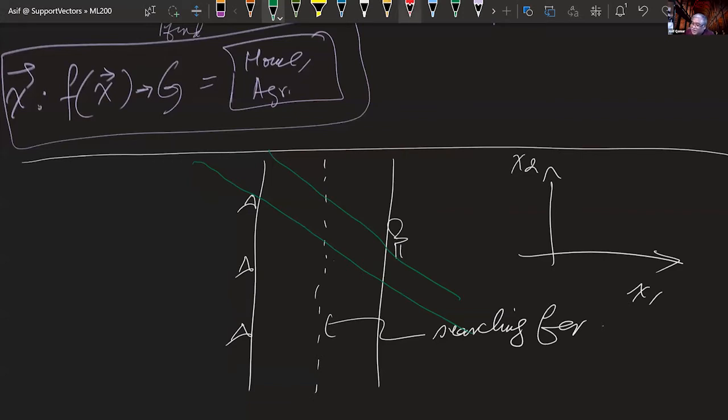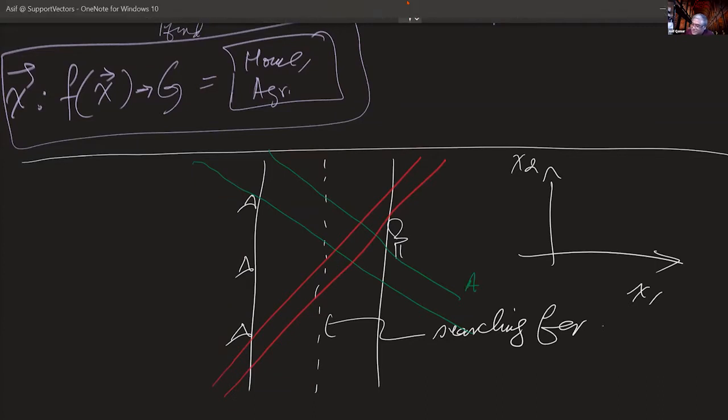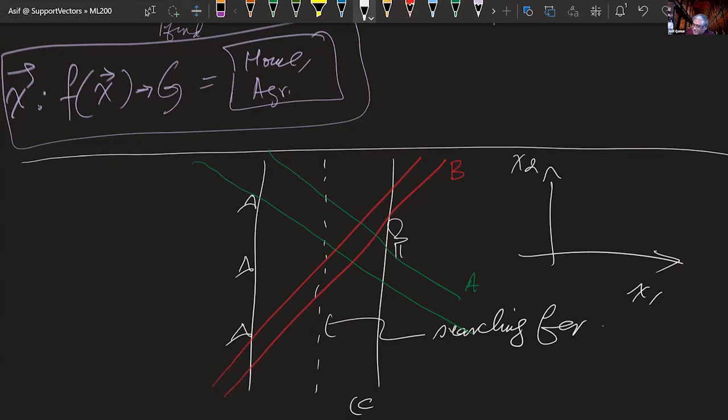You could flow a red river because you can't see the river. You could also have flown a river like this. Now let me give these names to the rivers. This is A. Let's say this is B river, and the white river is the C river.